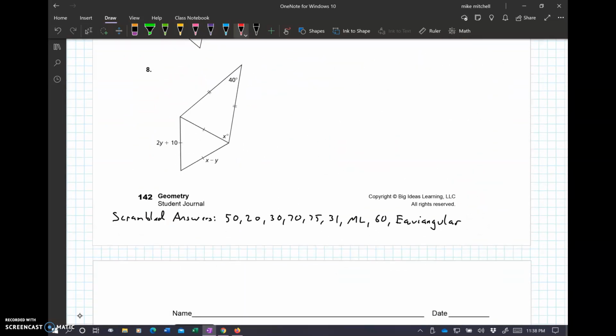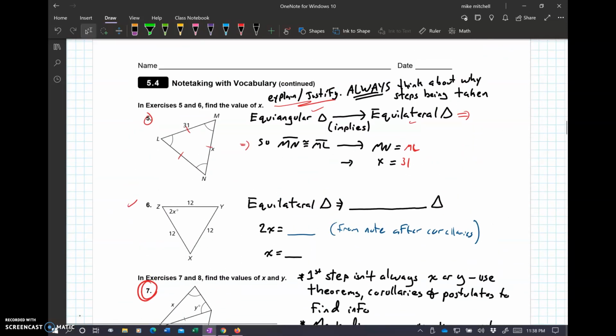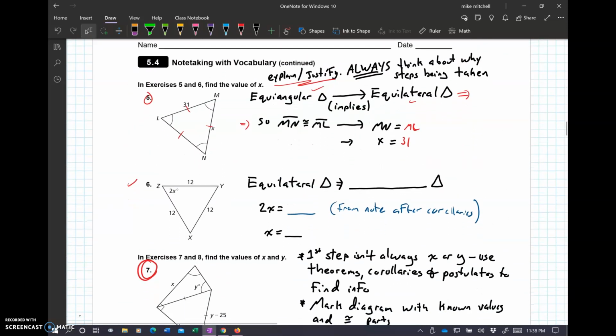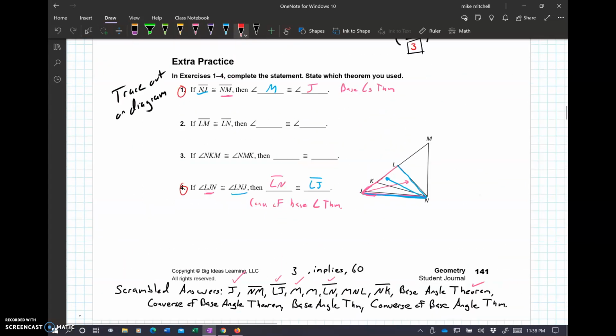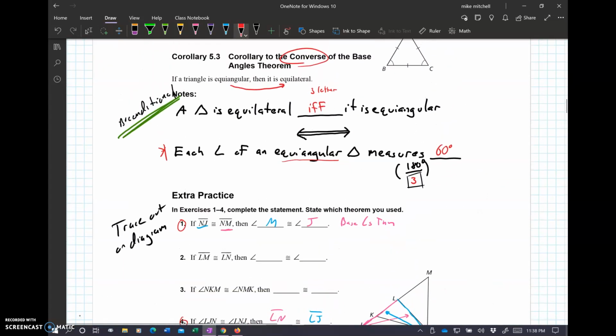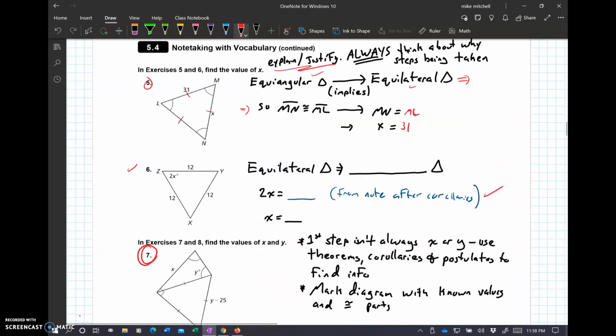They're down here. Here's our ML. There's our 31. Looking in the wrong spot. I'll let you get number 6. Note this part right here we get from just after the corollaries up there. There's our answer. It's on the screen. Now it's gone.